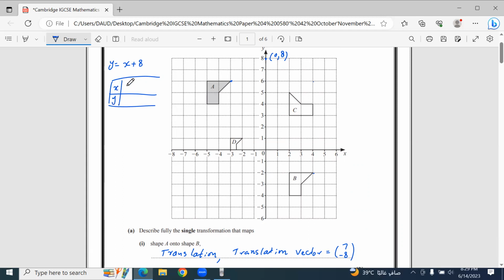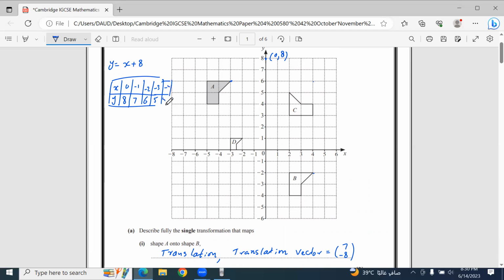Let's suppose I'm checking at 0. So at 0 it must be 8. At -1, because it is the negative side, so I'm choosing a negative number. -1, when we replace here -1, it would be -1 plus 8 gives us 7, -2, 6, -3, 5, -4, 4. I hope that's enough.